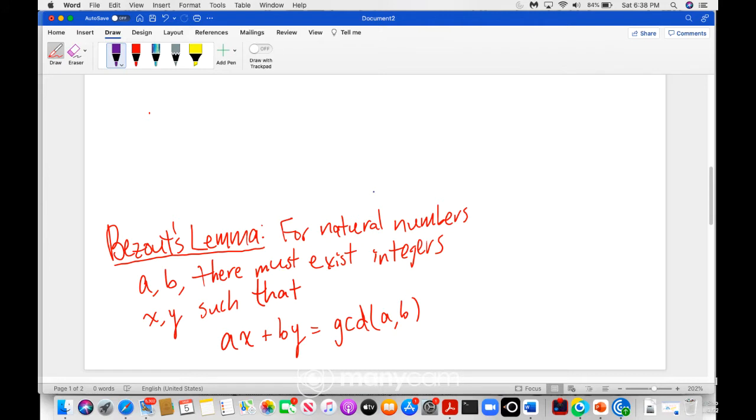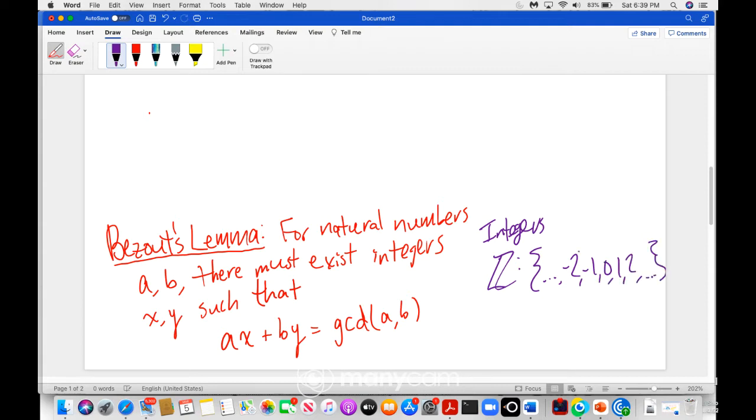And hopefully maybe I can make a video discussing it, using some examples and proving Bézout's lemma, but it says the following. It says that if I have two numbers, a and b, there have to exist integers, which, by the way, are represented by this Z. If you see a Z, it means all the counting numbers from negative infinity, including 0, and going off to positive infinity.